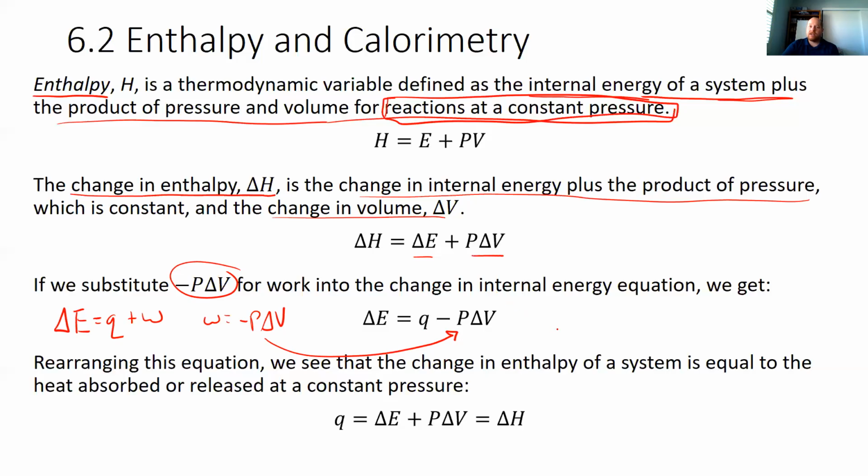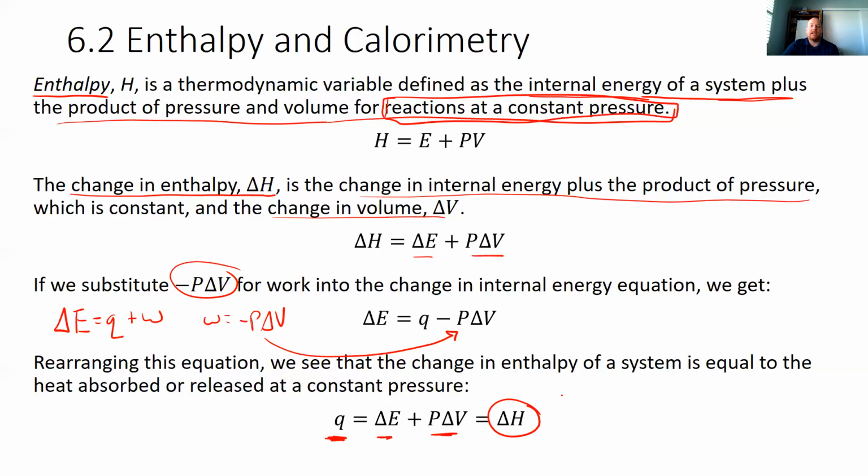If we rearrange that to solve for Q, in other words, if you add P delta V to either side, we'll see that Q is equal to the change in energy of the system plus the pressure times the change in volume. In other words, heat and enthalpy are the same for a system at a constant pressure.